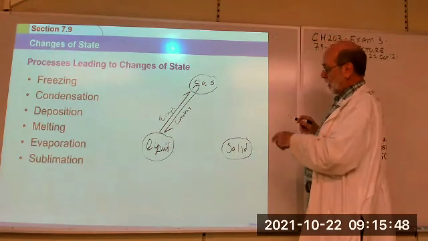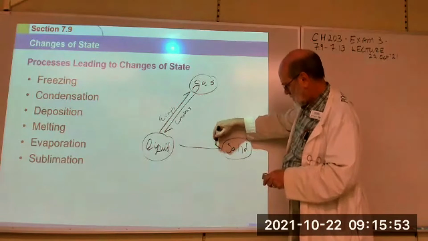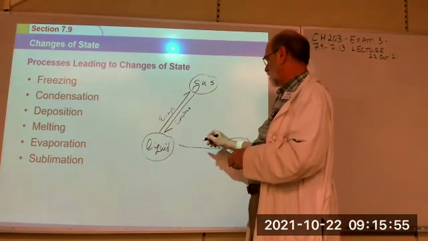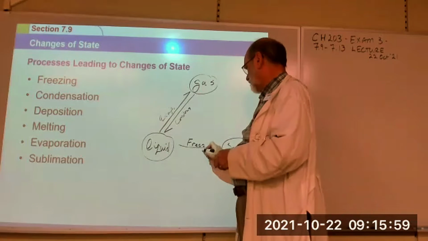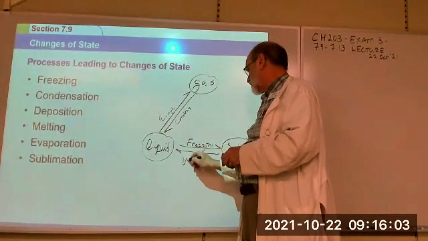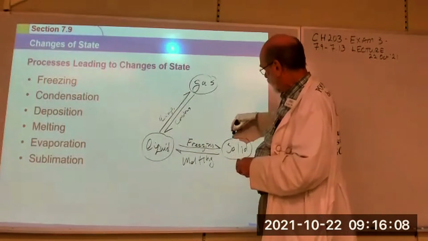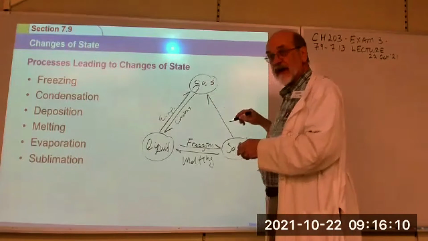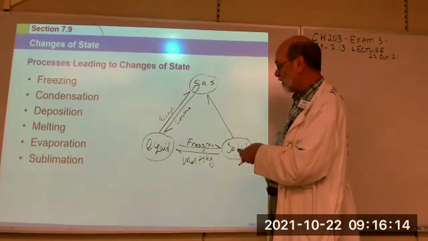Okay. If you go from liquid to solid, we call that freezing. If you go from solid to liquid, we call that melting. Now, if you go from solid to gas, I mentioned that one earlier, that's sublimation.